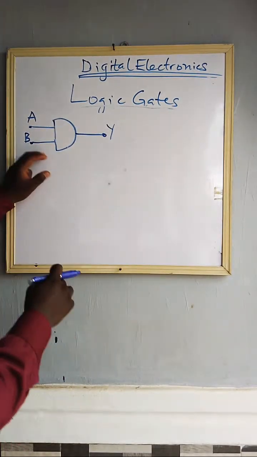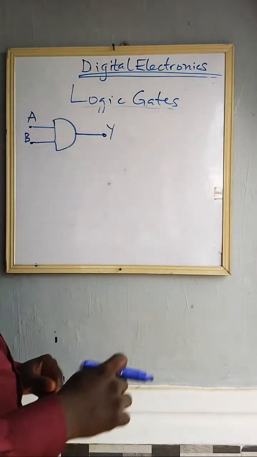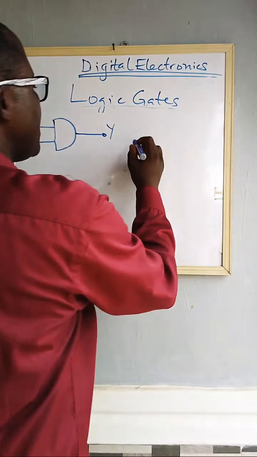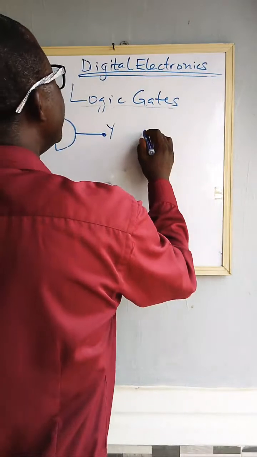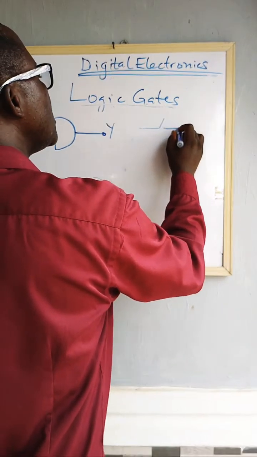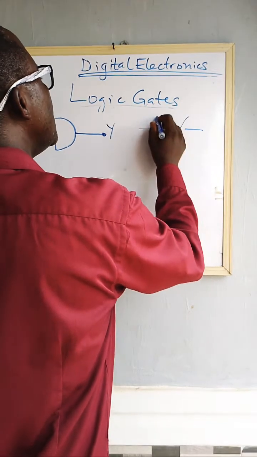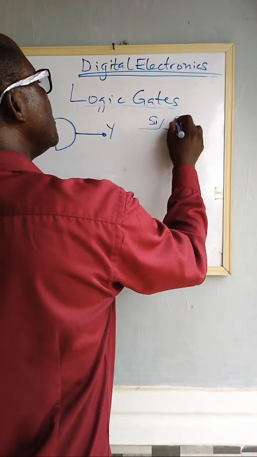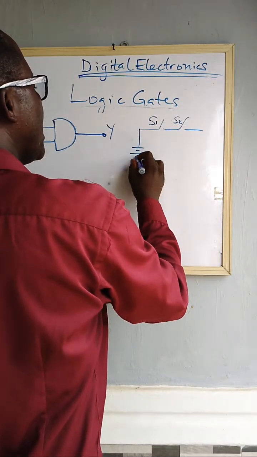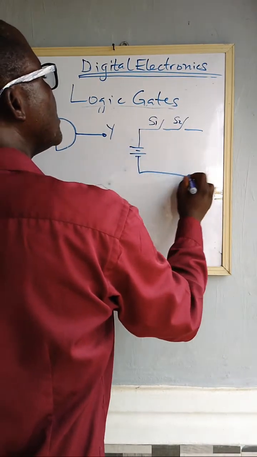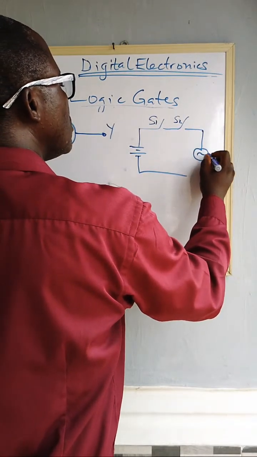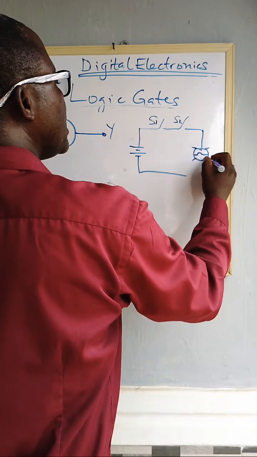Now if I want to represent this using switches in circuits, we can have something similar to what we had earlier. A switch, another switch, S1, S2, then power. Then we have a lamp here that we want to turn on.